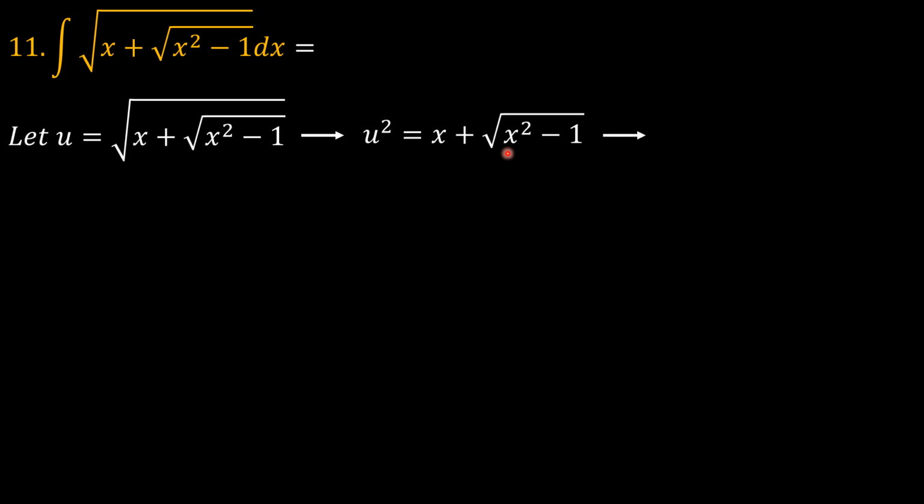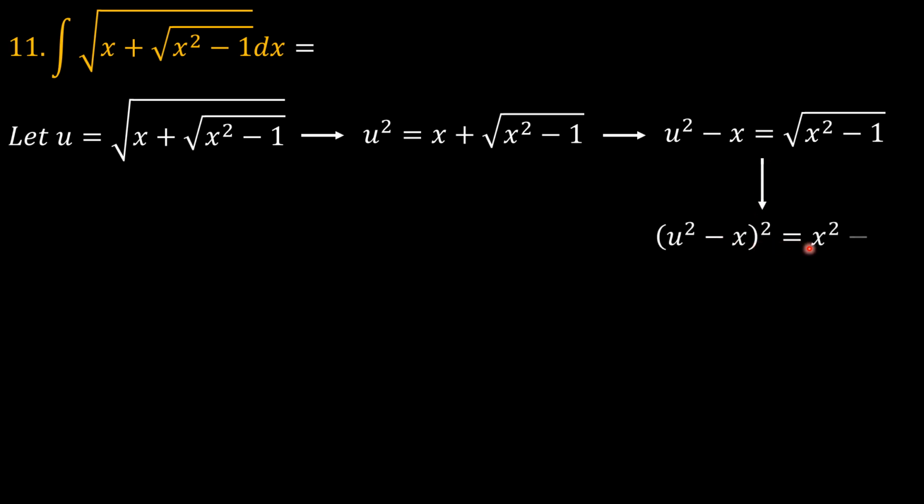Then you pull x onto the left hand side, so that you have u squared minus x equals the square root of x squared minus 1. What that means is now you could square both the left and right hand side, and so you get u squared minus x all squared equals x squared minus 1.